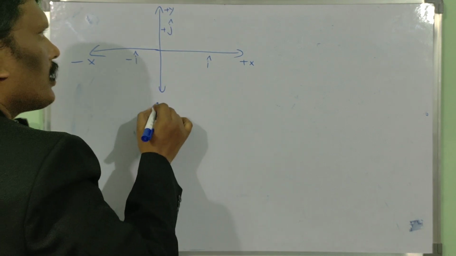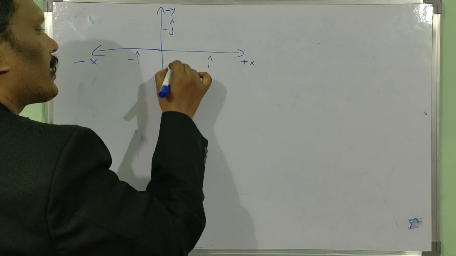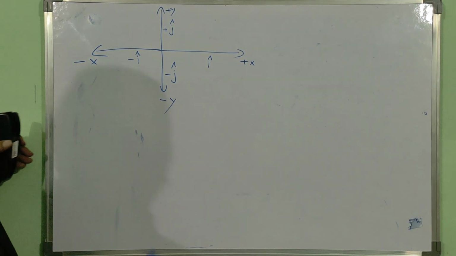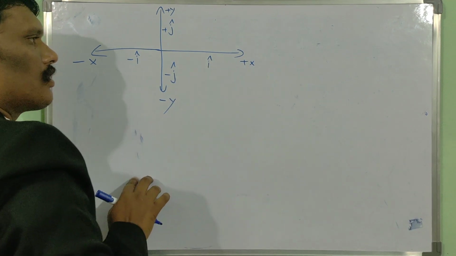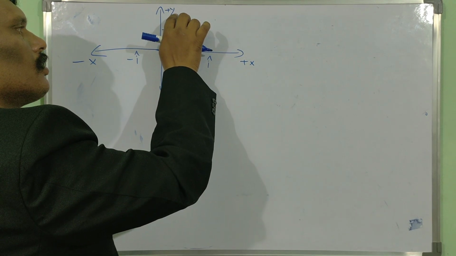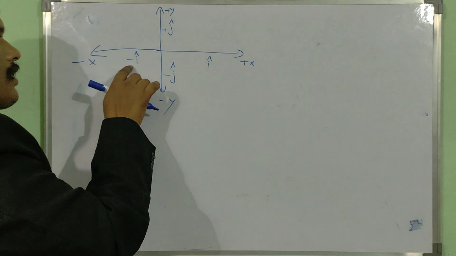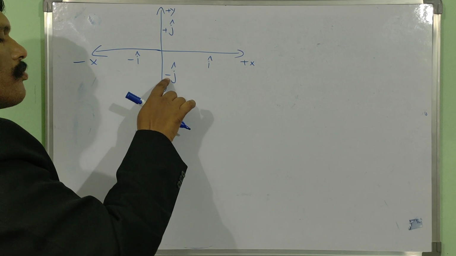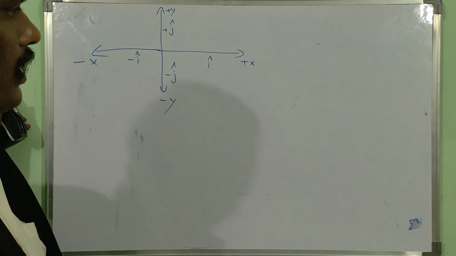The unit vector along the negative y-axis is represented by minus j cap. So i cap means the unit vector along the positive x-axis. j cap means the unit vector along the positive y-axis. Similarly, minus i cap is the unit vector along the negative x-axis, and minus j cap is the unit vector along the negative y direction.